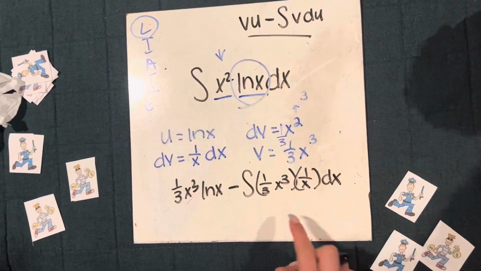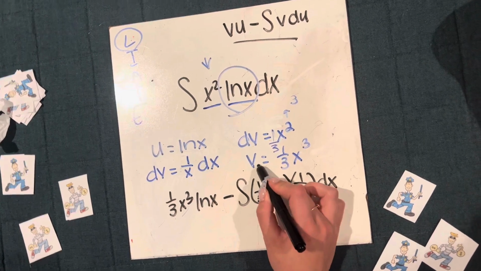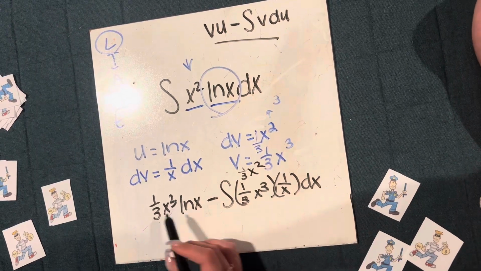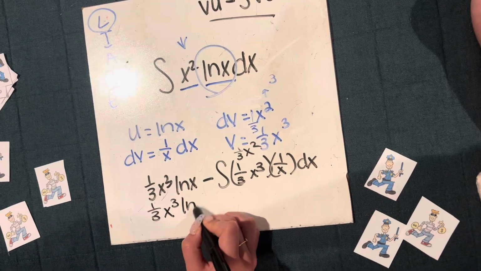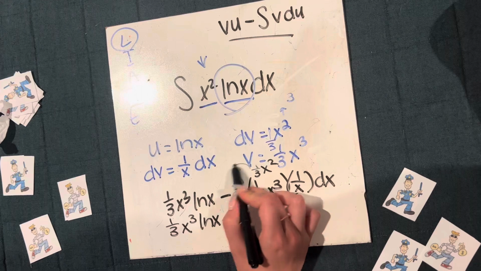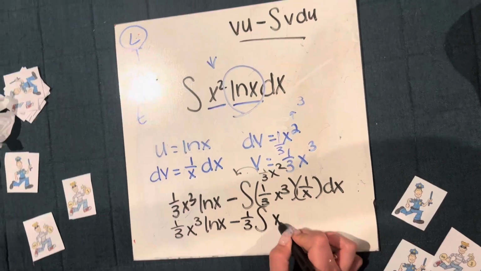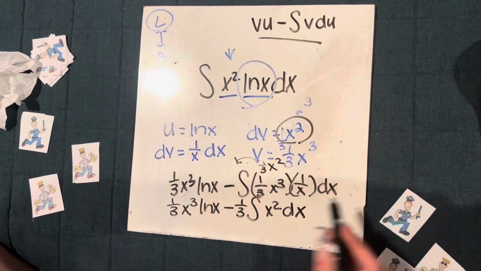So then to simplify this, we're going to divide this by x, and we're going to end up with 1/3 x squared. And we're going to get 1/3 x cubed natural log of x minus, we can take out the 1/3 in the front and get 1/3 the integral of x squared dx, which is the same thing that we did up here.